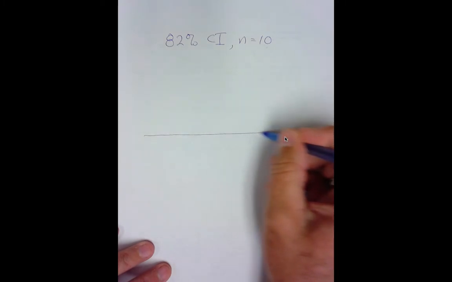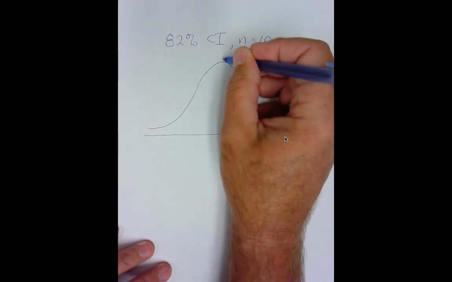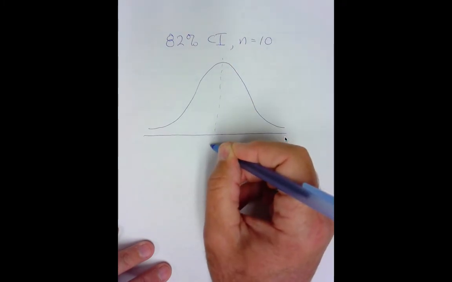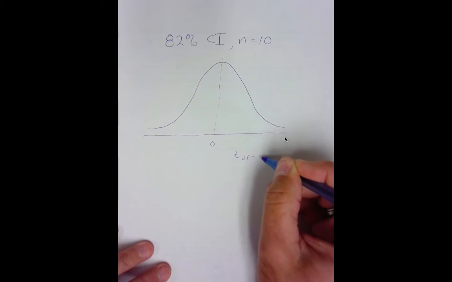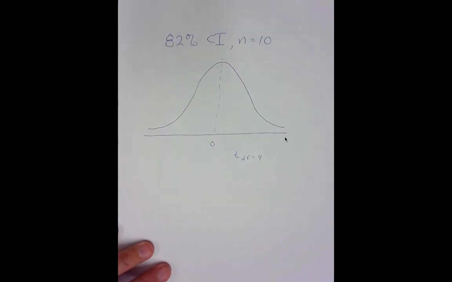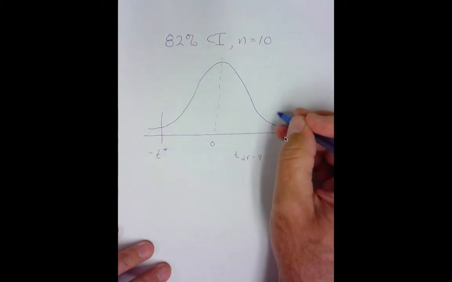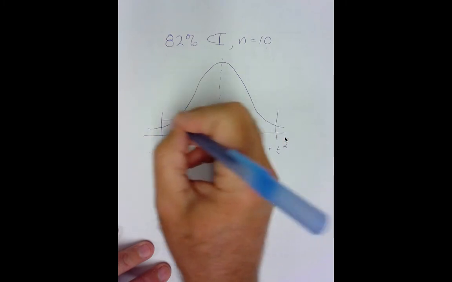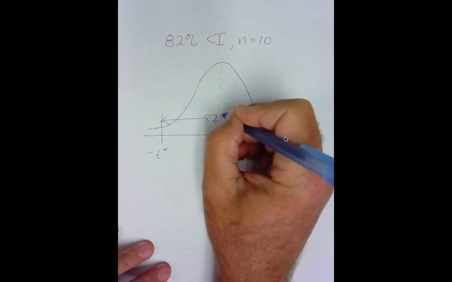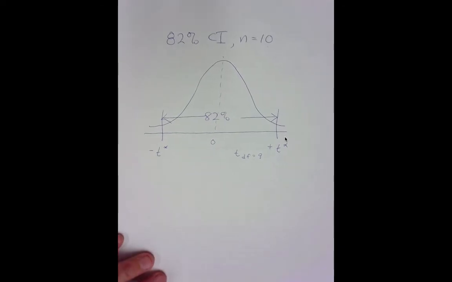So we want to find, in the t distribution for degrees of freedom 9, between what two values do 82% of the distribution fall?